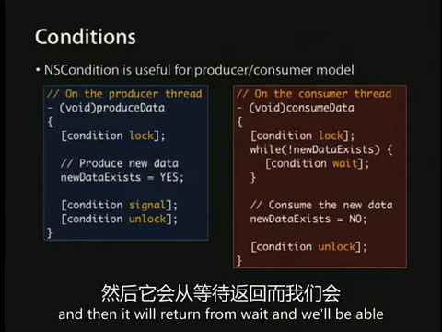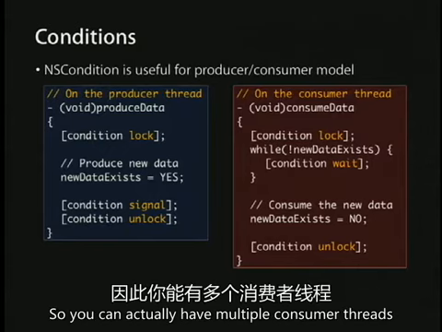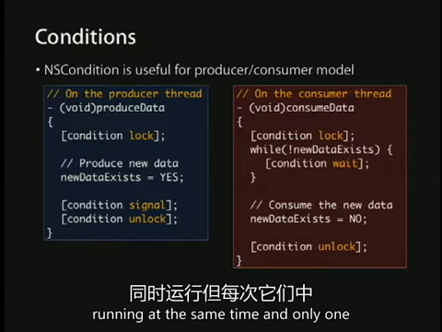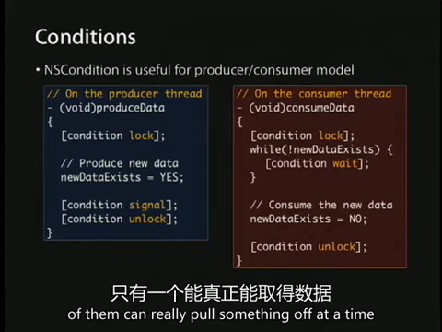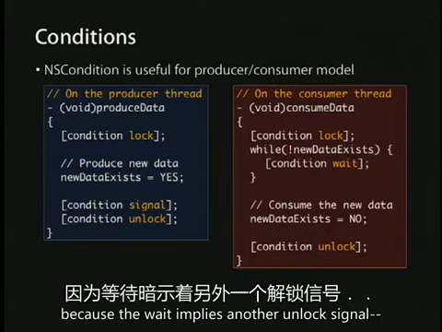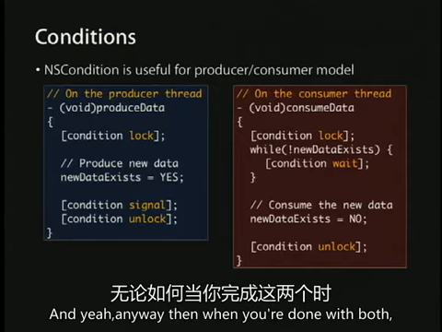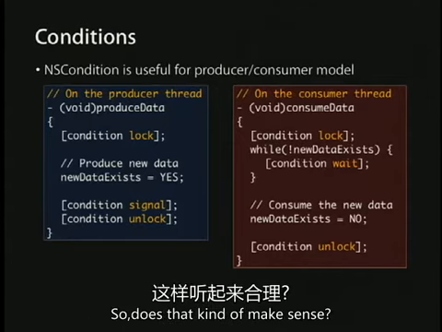And then it'll return from wait, and we'll be able to check that new data exists. So you can actually have multiple consumer threads running at the same time. And only one of them can really pull something off at a time because the wait implies an unlock, wait, and then lock. And then when you're done, you'll unlock at the end of the method. So does that kind of make sense?